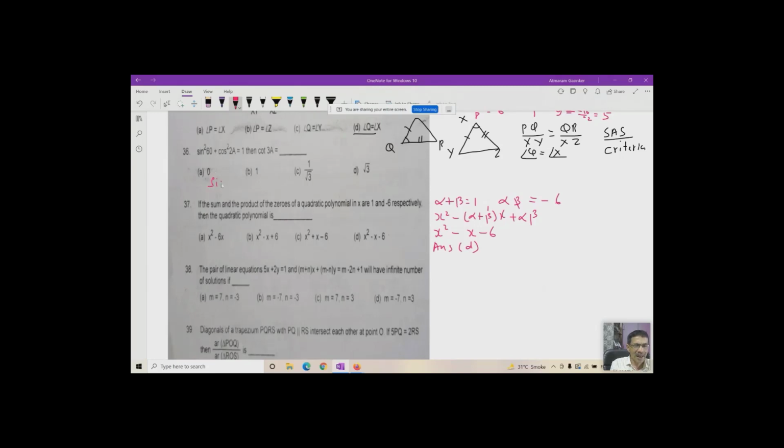The first trigonometric identity is sine square theta plus cos square theta is equal to 1. In both cases, the angle theta is the same. So what is given is sine square 60 degrees plus cos square 2a, which is equal to 1.